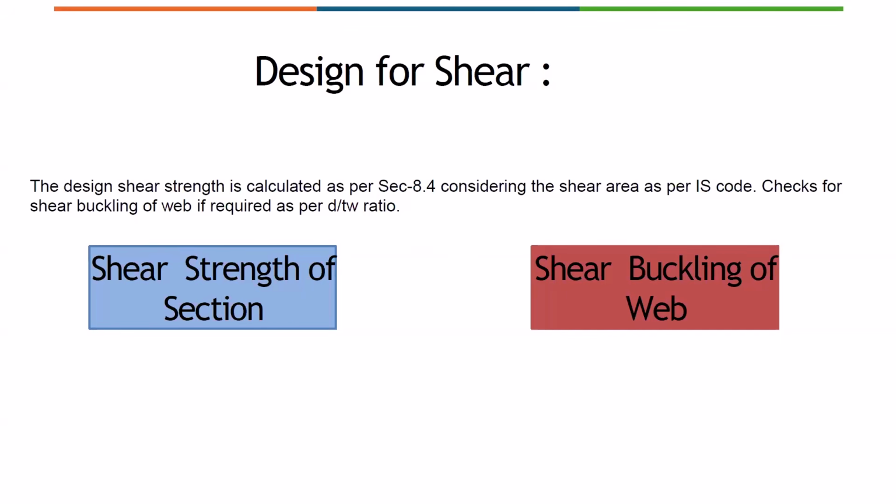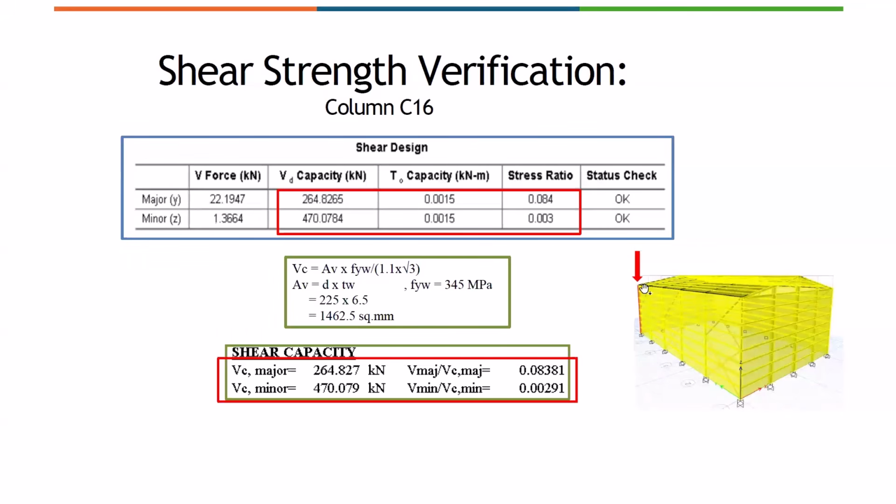So going on to the shear strength verification for column C16. So we have the capacity of the member, which is calculated using this particular formula that is given in the IS code. Okay, so our yield stress is 345 MPa that has been used in the model.